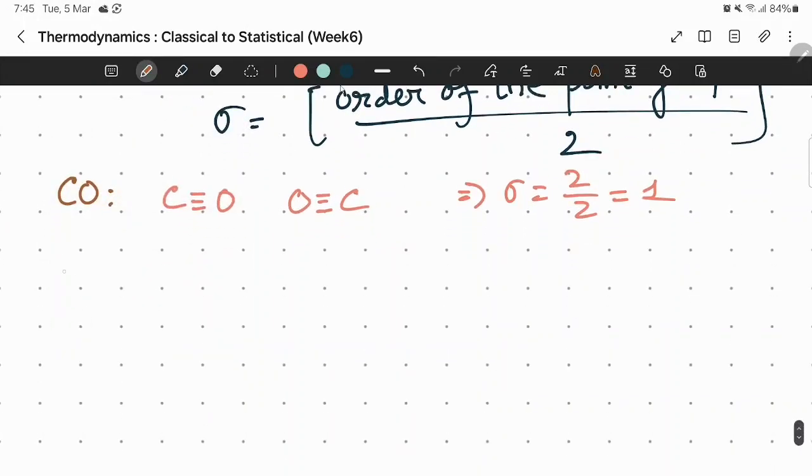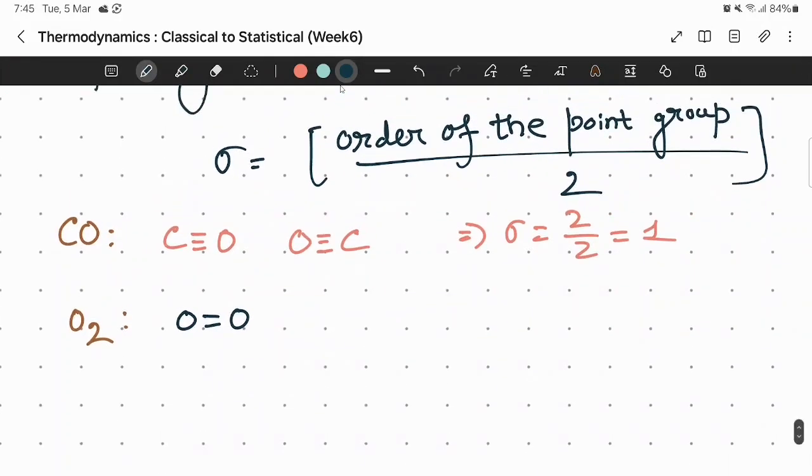Again for O2, what will be the case? For O2, there is only one orientation. So you can't write it just by orientation; this is the definition you have to write.